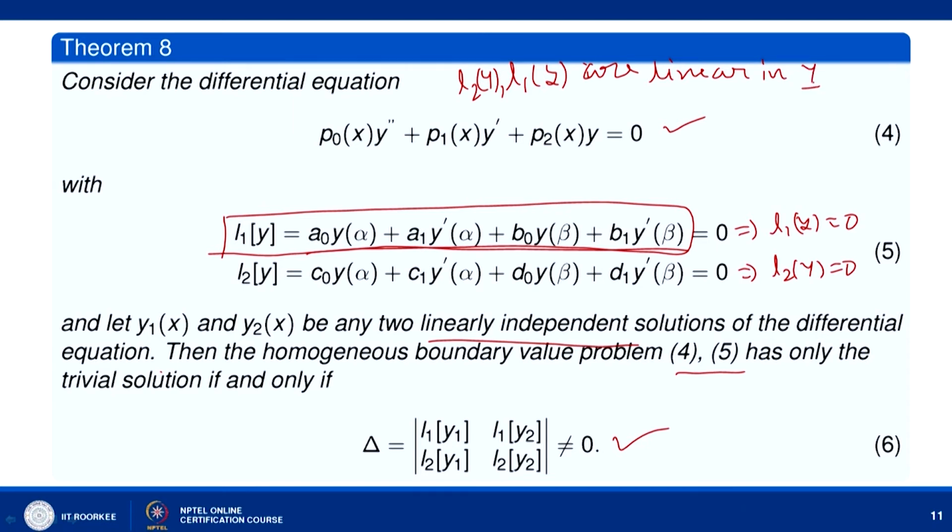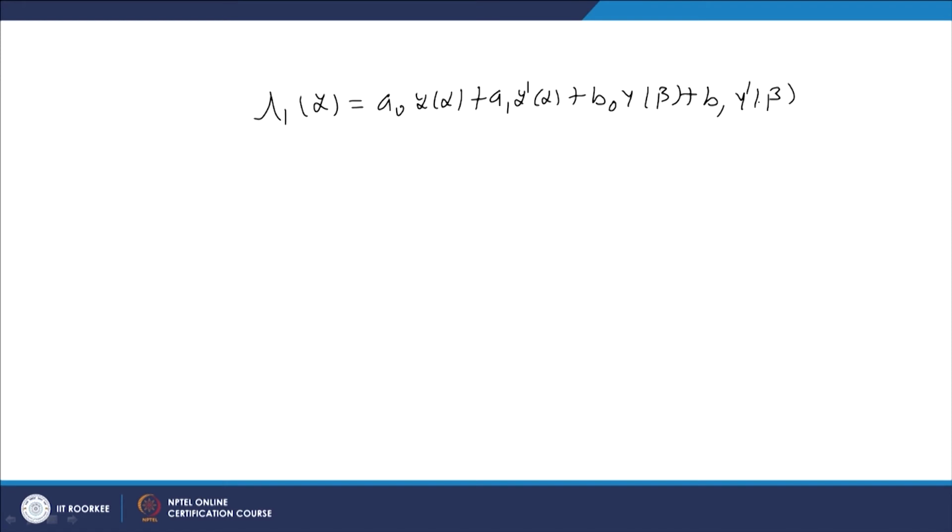How can you check? Let me write L1 y equal to a naught y alpha plus a1 y dash alpha plus b naught y beta plus b1 y dash beta, and we want to check whether it is linear in terms of y or not.